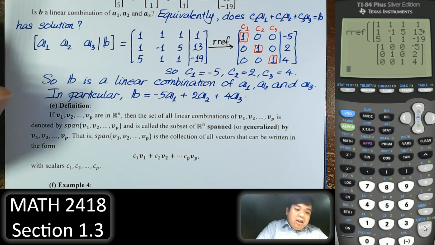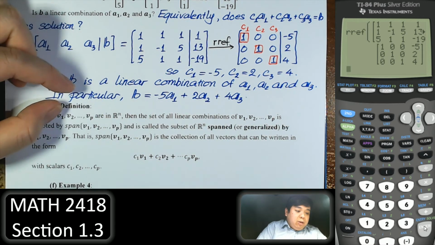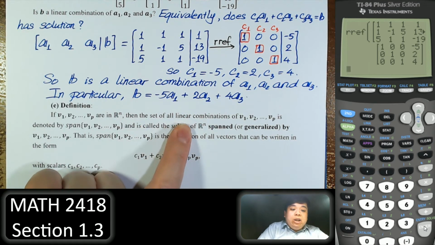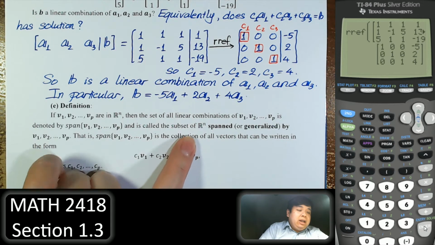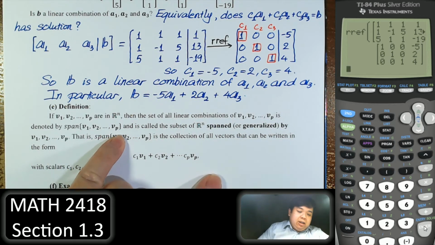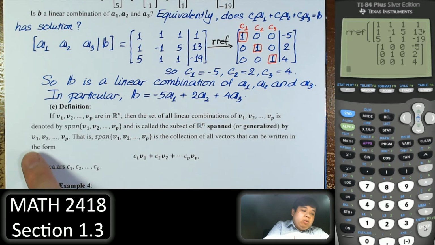Next we have this definition of span. If V1, V2, on the way to Vp are in Rn, then the set of all linear combinations of V1 to Vp is denoted by span of V1 to Vp, and is called the subset of Rn spanned by V1 to Vp.